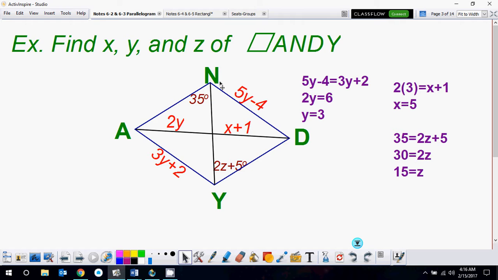So you gotta remember those angle pairs from way back in chapter 3. Alternate interior angles are equal, so 35 equals 2z plus 5. That means 2z equals 30, or z equals 15.